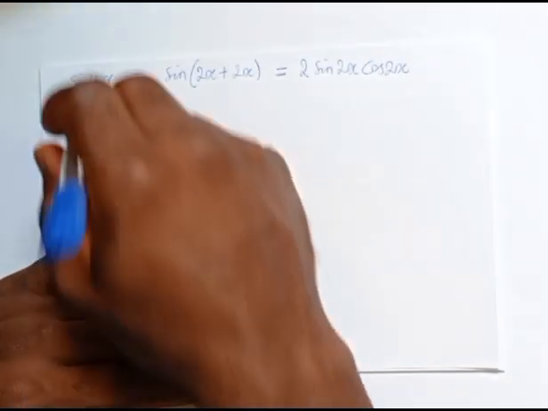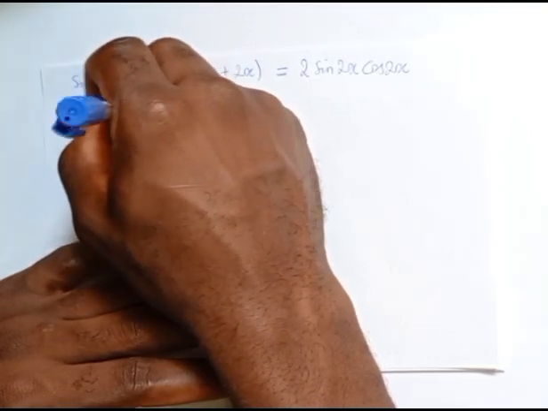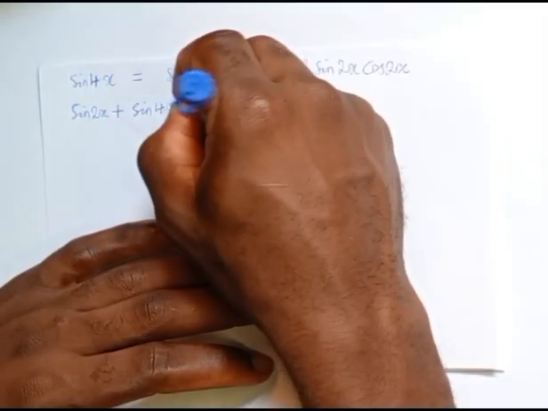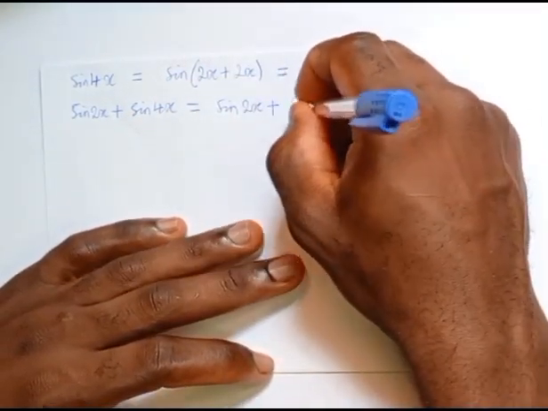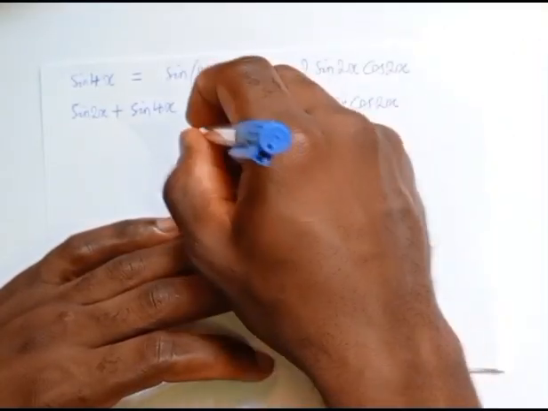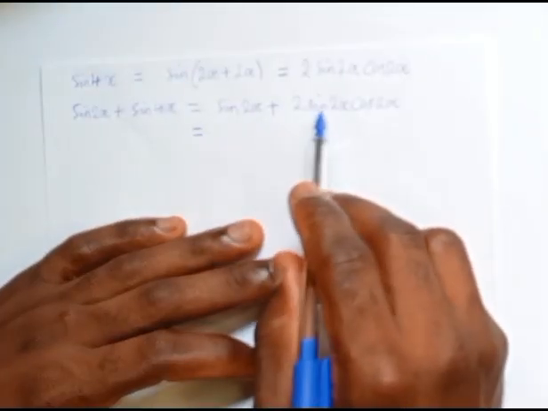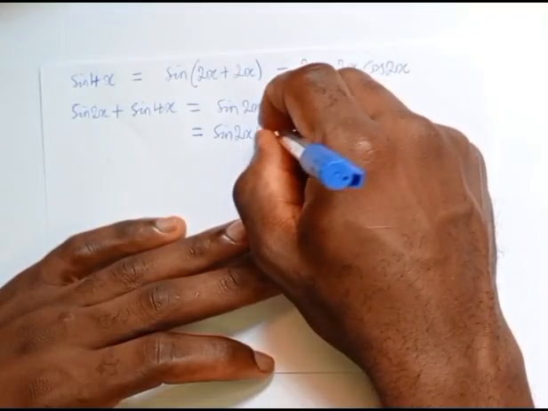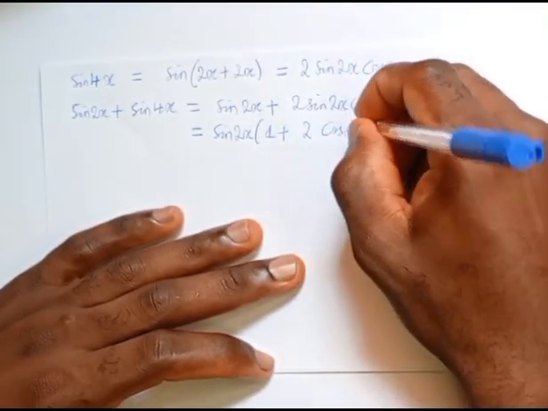If we take the numerator, we have sine 2x plus sine 4x. This will simply be equal to sine 2x plus 2 sine 2x cos 2x. And you will see that sine 2x is common. We are going to factor sine 2x times 1 plus 2 cos 2x.